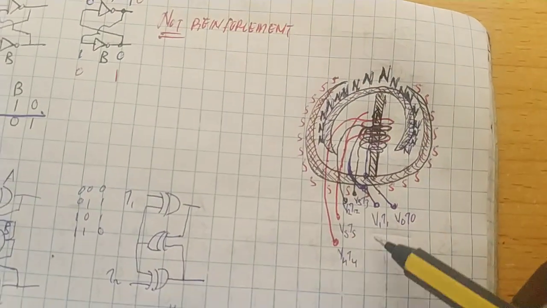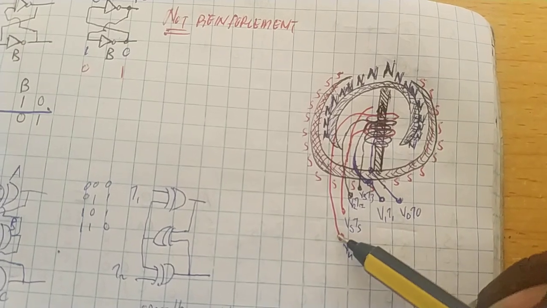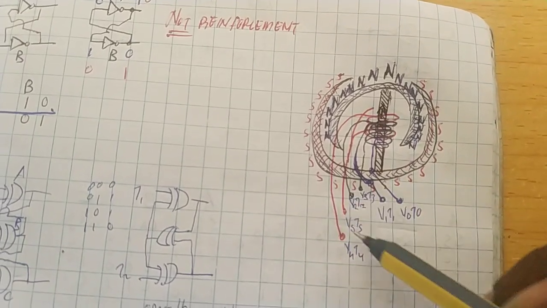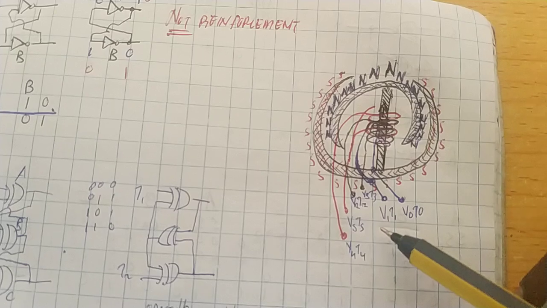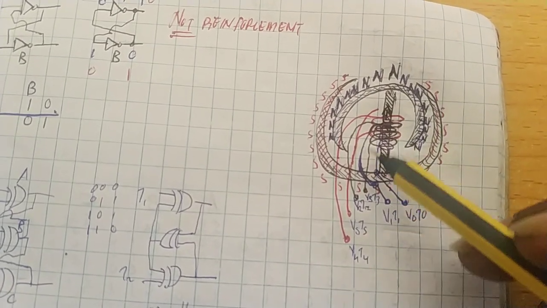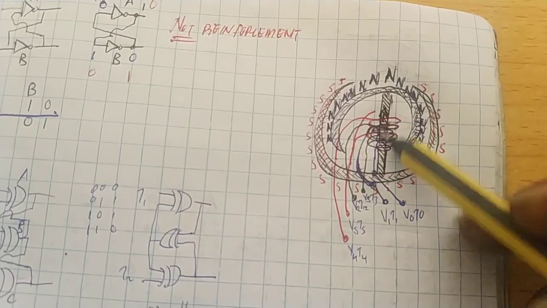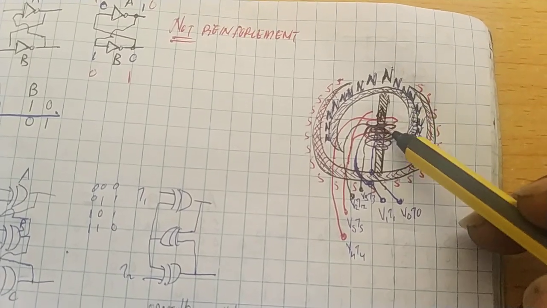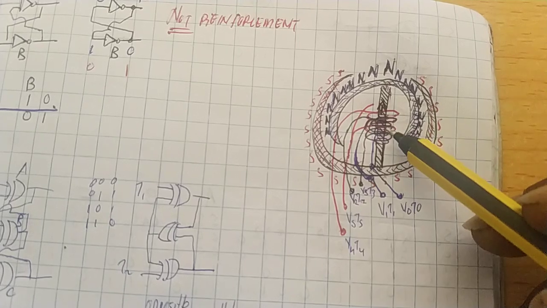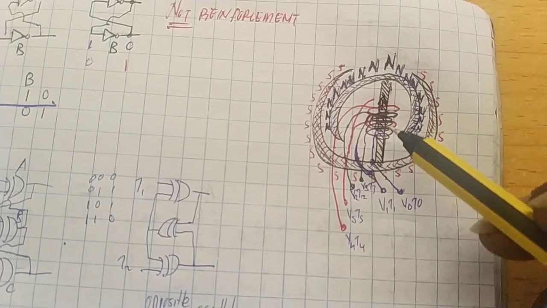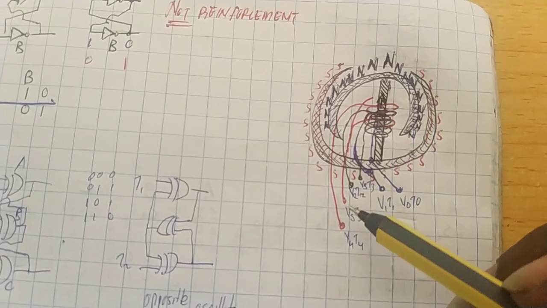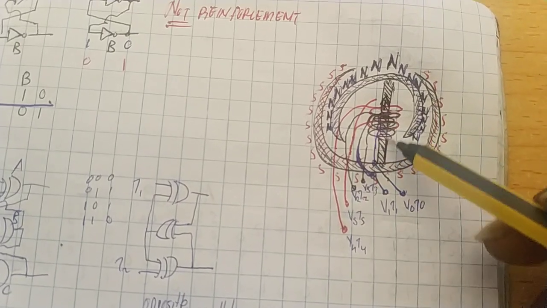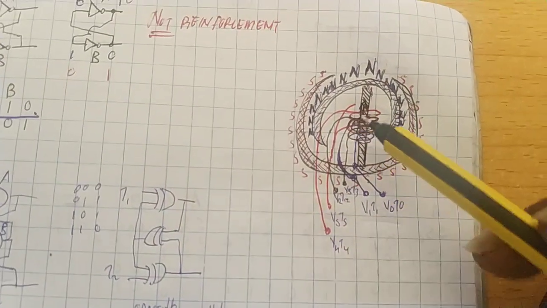So this is the outer one, might be used as the input, and from this it will generate a field along here. From this field generated here, it can be induced back to the second and third coil. Second and third coil are connected back to the first coil. So this is an amplification, as we saw in the previous one.